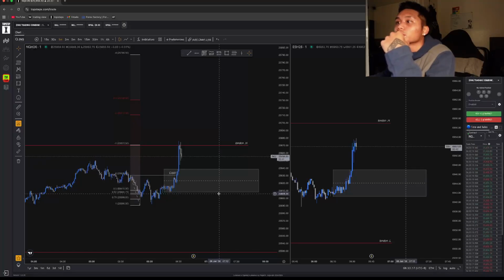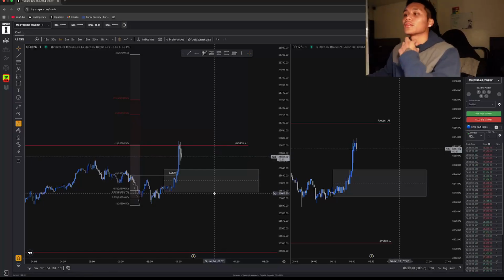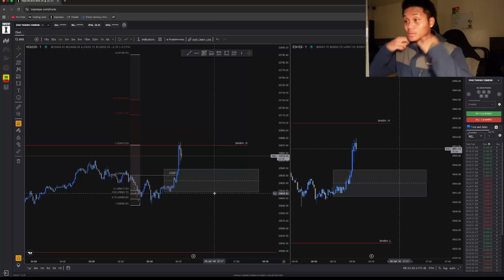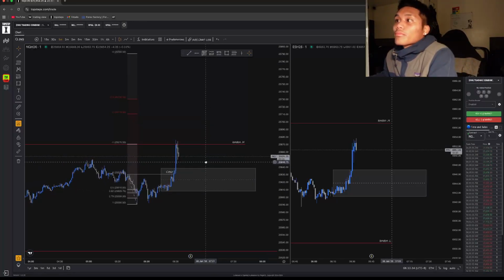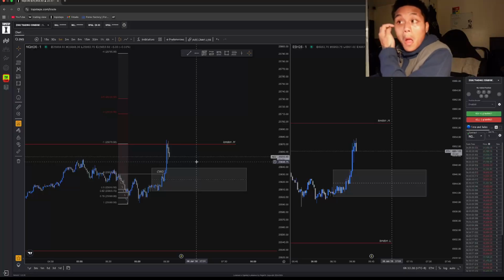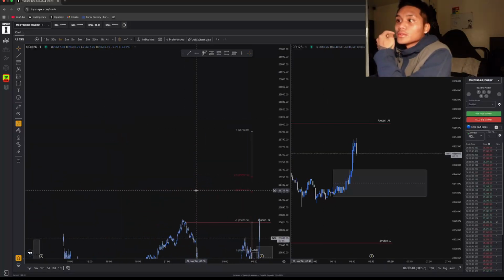I can see this 0.62 range being a possibility for a retracement due to discount, but we gotta react. Don't predict, react. Let's see what aligns with over here.